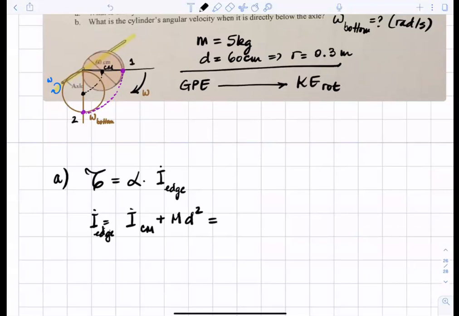So now we have the center of mass, it's a disk, so we have 1/2 m r squared, plus m times our distance, which this time, if you really look at it, is r squared.